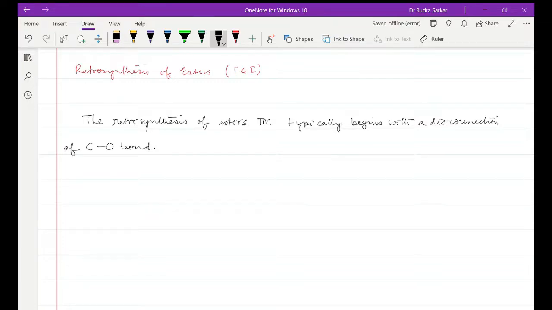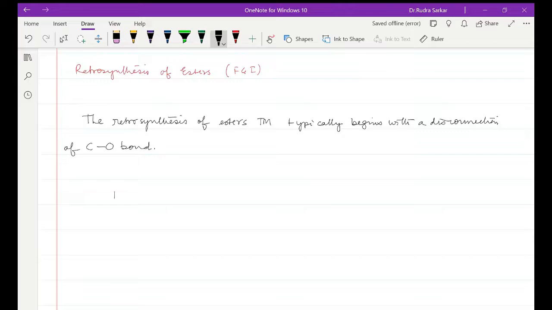Now, this C-O bond, as we have discussed, forms when there is a nucleophilic attack by the oxygen, which reacts with the electrophilic carbon, that is either an acyl or a carboxylic derivative such as the acid chloride.